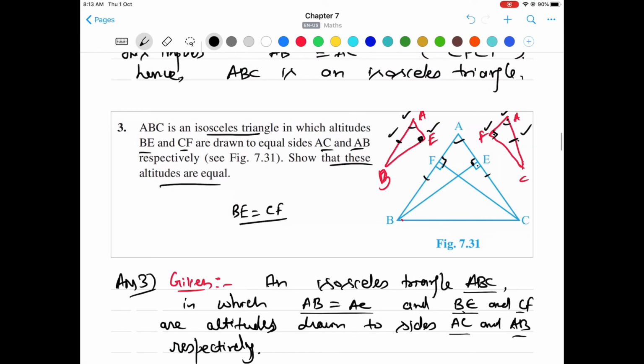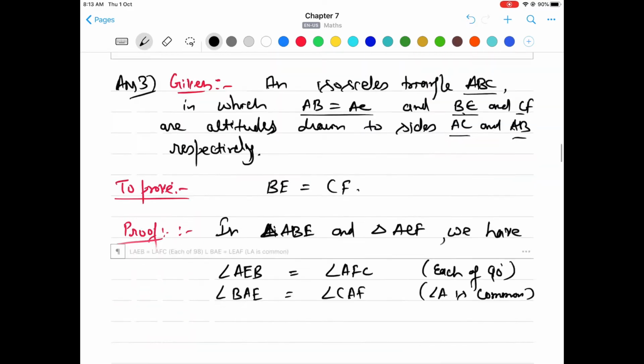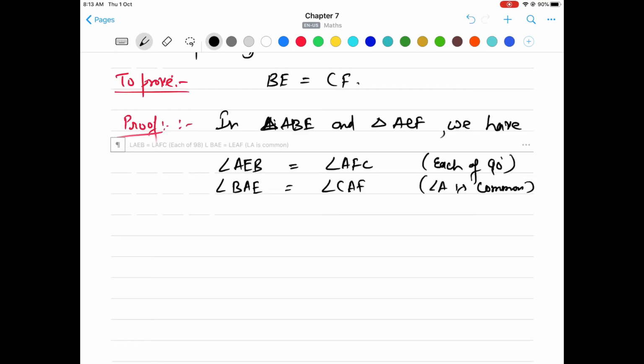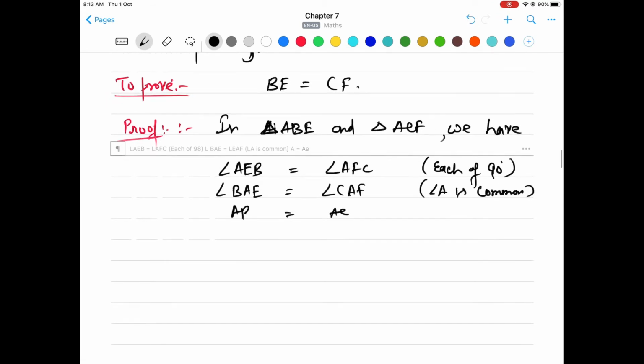You can see that this angle A is common for both the triangles here. So the BAE for this triangle and CAF for this triangle are equal. Then we have side AB is equals to side AC. This is given in the question because the given triangle is an isosceles triangle.